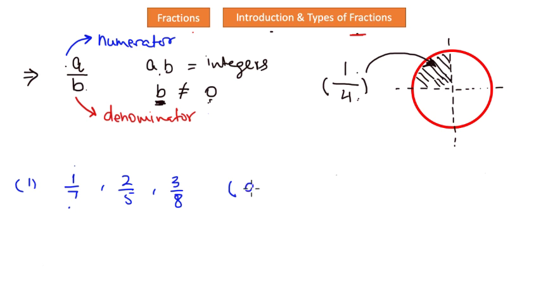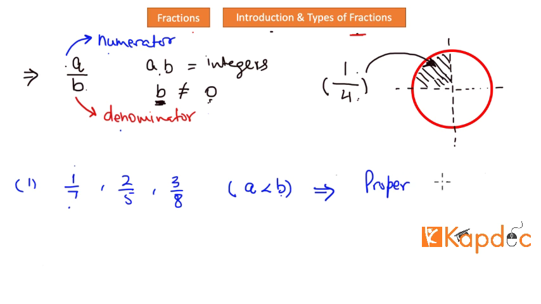Or in general, you can say that a is less than b. Whenever a is less than b, or the numerator is less than the denominator, these are called proper fractions. That's the way you want fractions to appear. That is why we call them proper fractions.